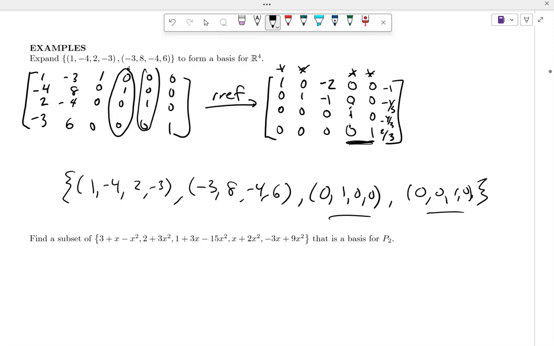And again, the reason for that is if I ignore everything else and I had only put in column 1, column 2, and column 4 and row reduced, I would have got an inconsistent system. What that tells me is I can't do something times that plus something times that to give me that one. So that's why I want to make sure I keep that one. That's the one I'm going to throw in. Okay. All right, let's look at the next one here.